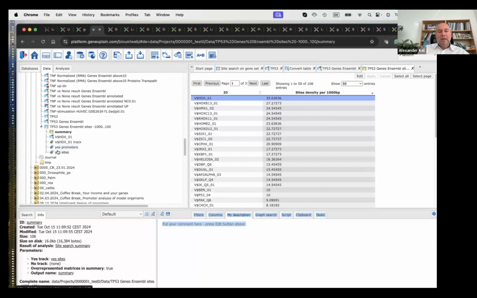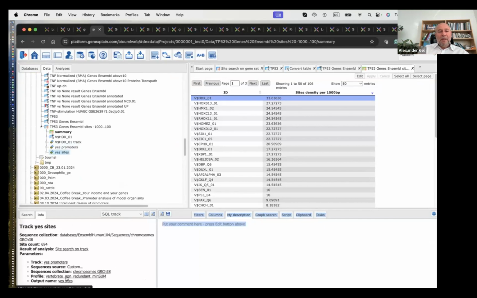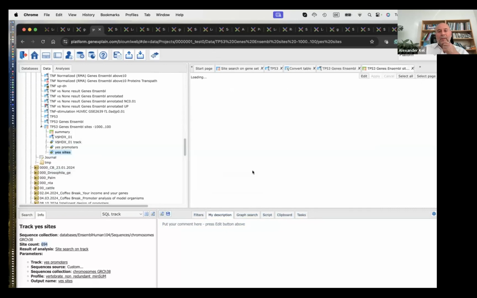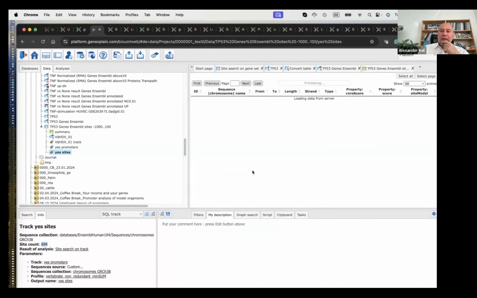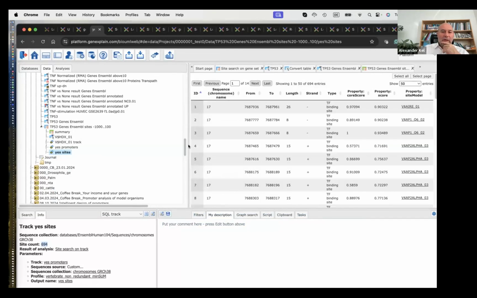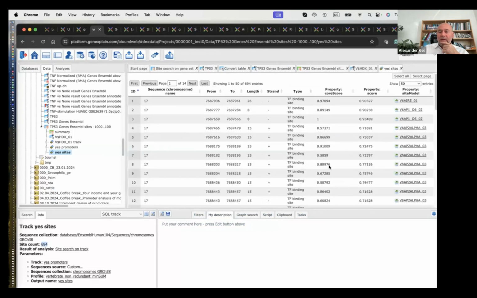You see these are the sites, and it found 694 sites. You can open them as a table, so these are your sites. You can also map them on the genome browser and export them in different formats.